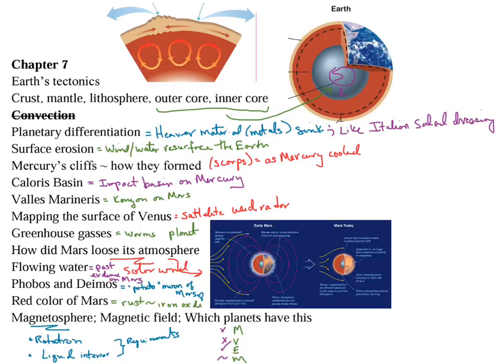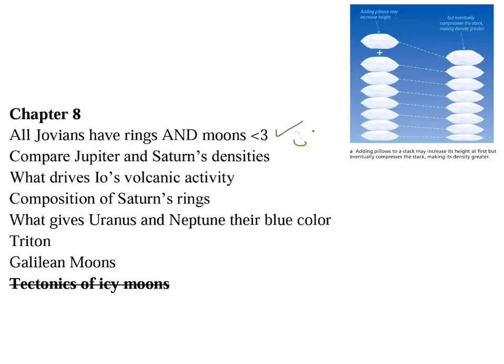And I have an X over Mercury as it has cooled and does not have a magnetic field. Venus has an X also. It's actually, we think, geologically active, but it rotates so slowly that it doesn't have a magnetic field. Earth has a great magnetic field, and Mars has a little bit of a magnetic field.